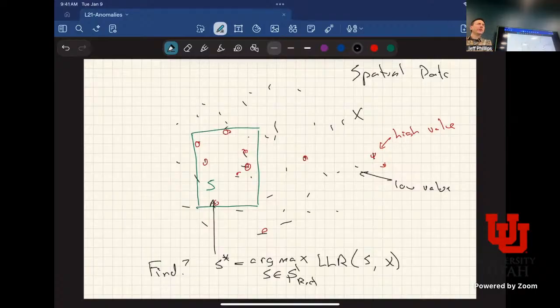It's a little bit harder than the one-dimensional problem, right? Let's say I can consider any possible rectangle as my region.